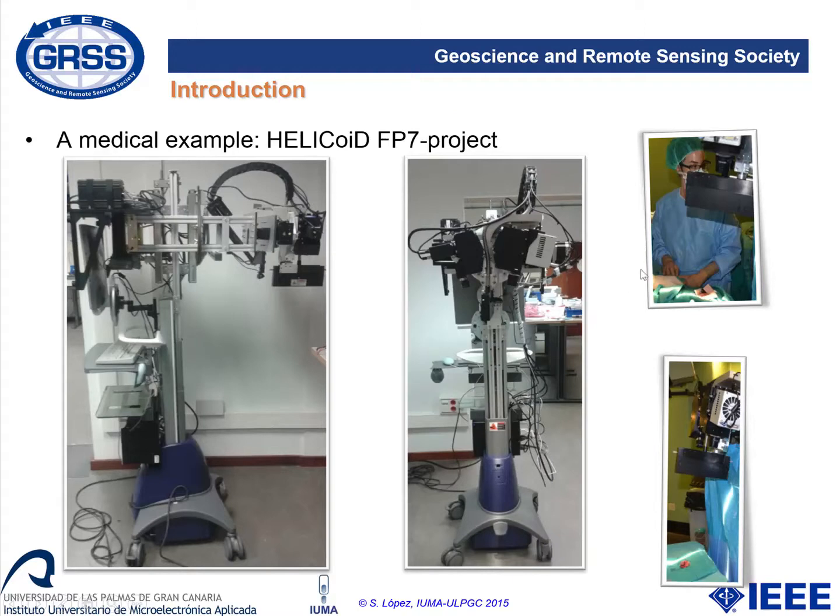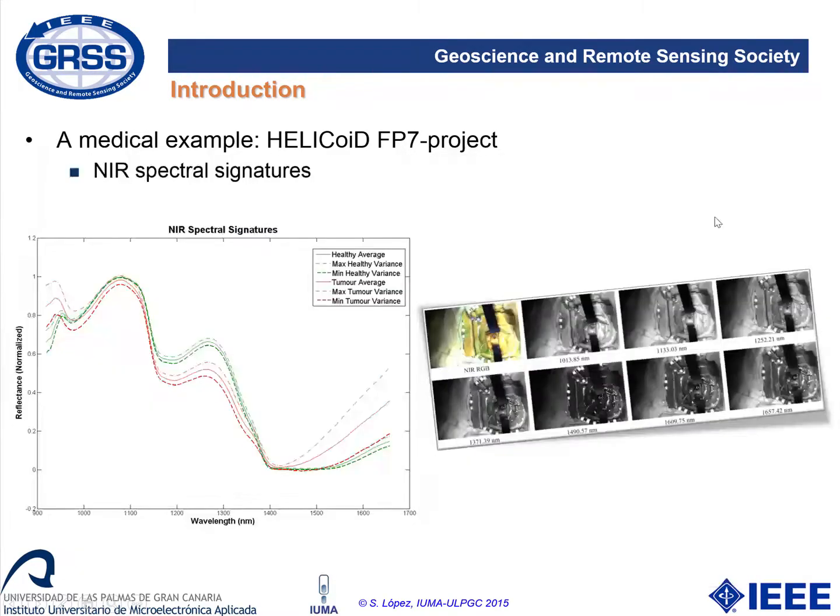Okay, and this is our camera. In fact, here is the light source taking images during the surgery. So here you can see an example of one image captured by our near infrared camera, and some bands that have been plotted here.